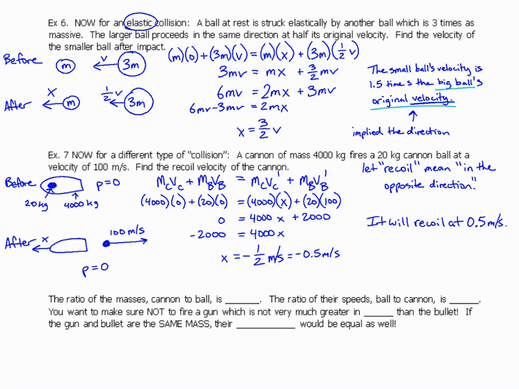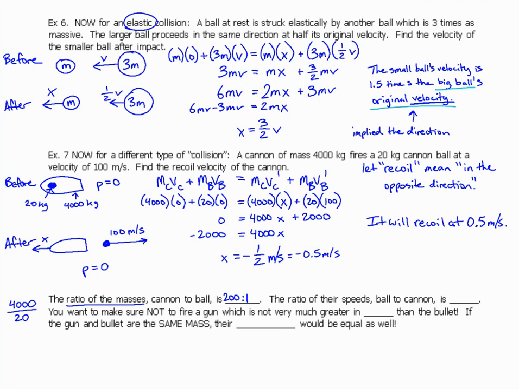So if we look at the ratio of the masses, the cannon to the ball, cannon mass 4,000, ball of mass 20. The ratio here is 200 to 1.